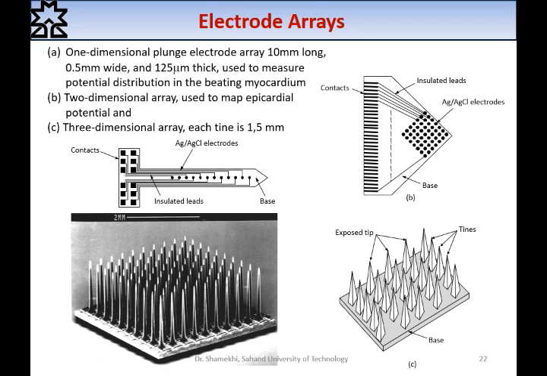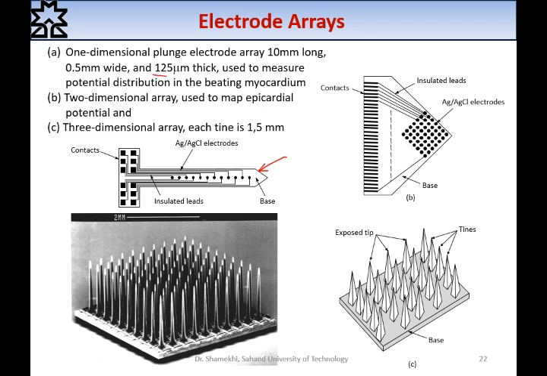And other types of the internal electrodes is electrode arrays. And we have electrode arrays in various dimensions. The first one is one-dimensional Planck electrode array. The length, the width, and the thickness of this electrode should be considered.